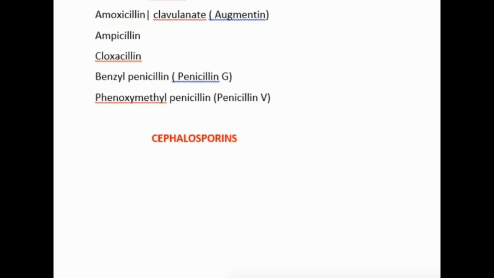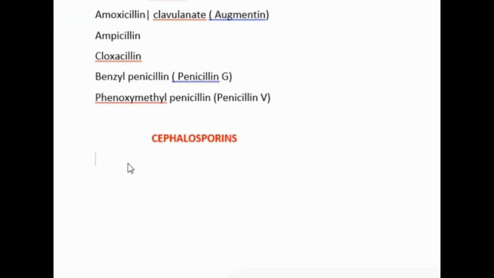Let us now see the group of cephalosporins. Cephalosporins are antibiotics which contain cephalosporin C in the chemical structure. They are obtained from a fungus called Cephalosporium. So let us now see their examples.